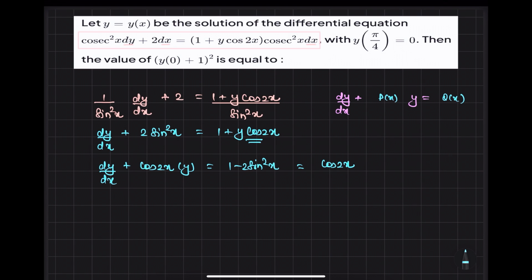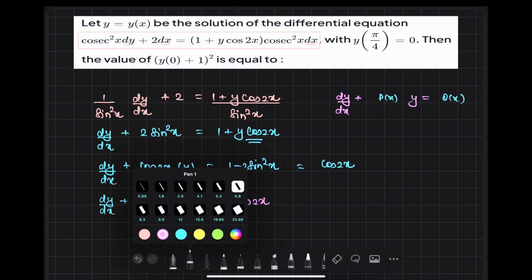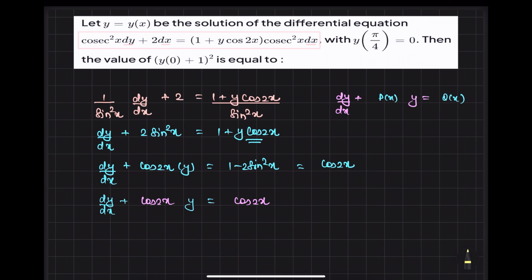Now look at this. You have converted your question into the required form. So clearly you can visualize that we have successfully converted our question into a linear differential equation.